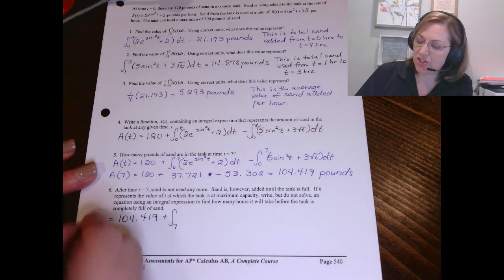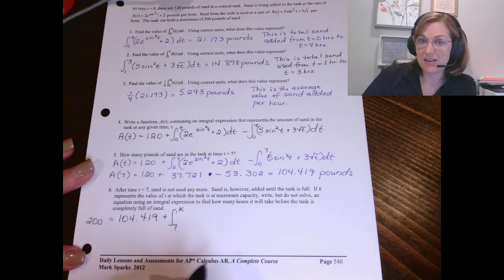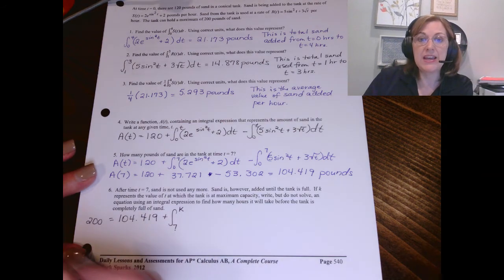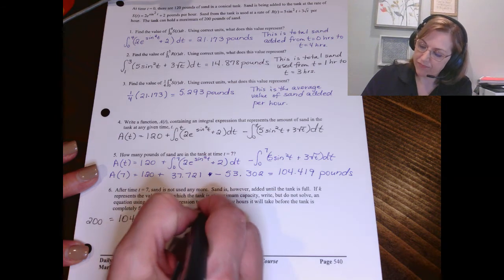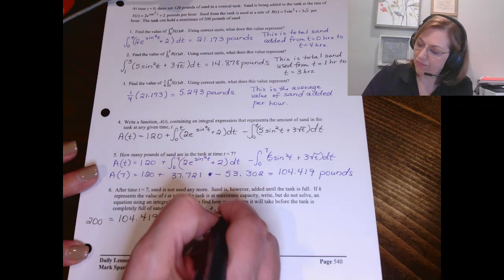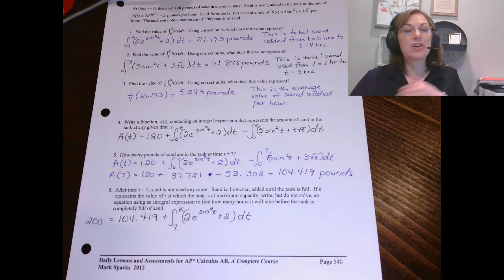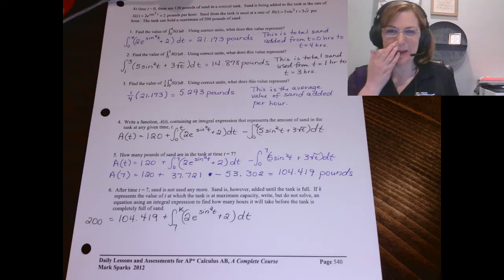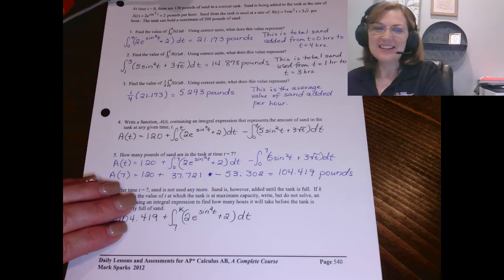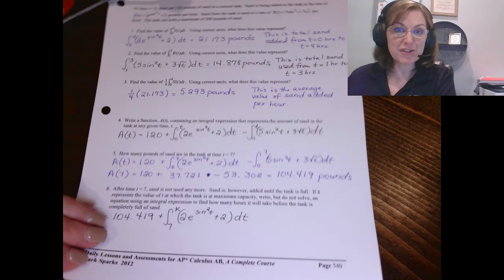And now I need the change from 7 to some value k of the amount of sand going in, and that's our S of t. Now, thank goodness they didn't ask us to solve that one, right? Oh, that's a good one. Friends, it's all about the interpretation on these, though.